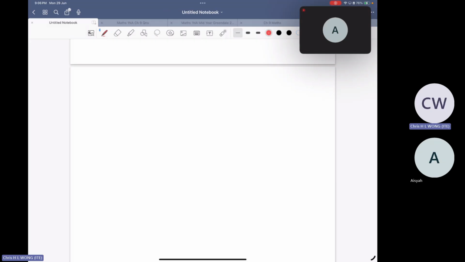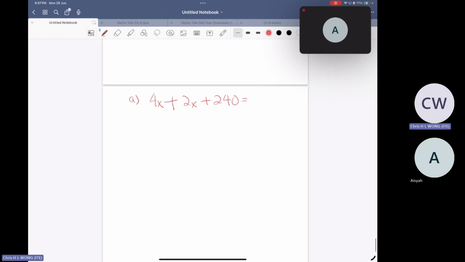First thing first, the whole pie is 360 degree, right? If the whole pie chart is 360 degree, I know that 4x plus 2x plus 240 degree gives you 360 degree.